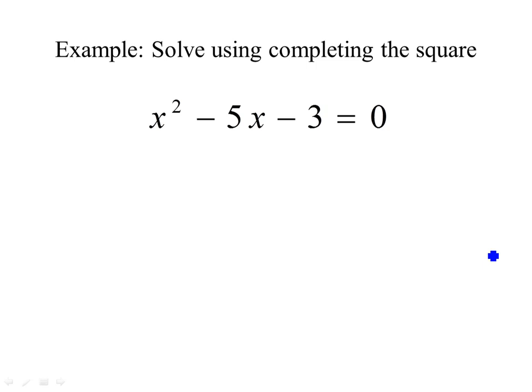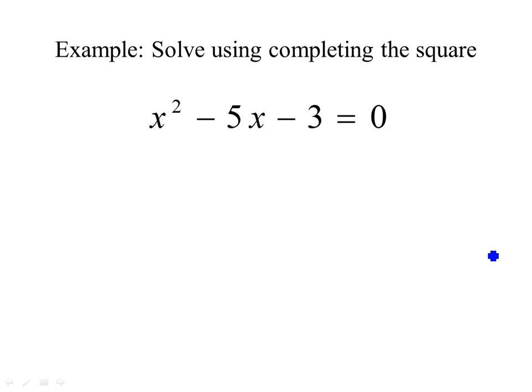All right, so now we've got to get to that x because we're going to solve. So to get to that x, we have to use our square root property, so we're going to take the square root of both sides. So if we take the square root of both sides, we're going to get x minus 5 over 2 is equal to plus or minus the square root of 37 over 2.